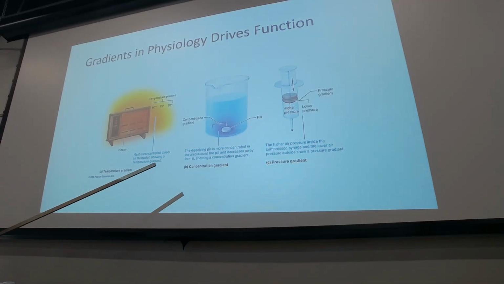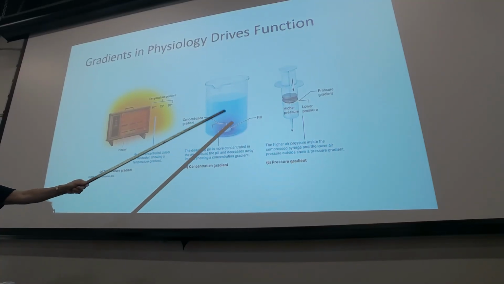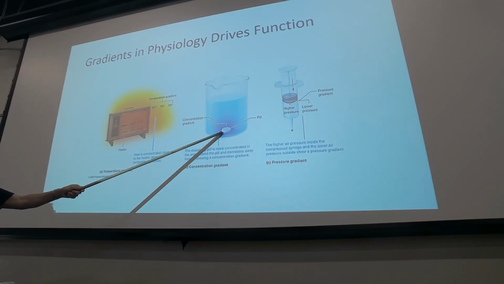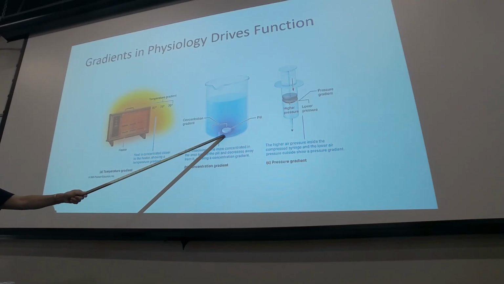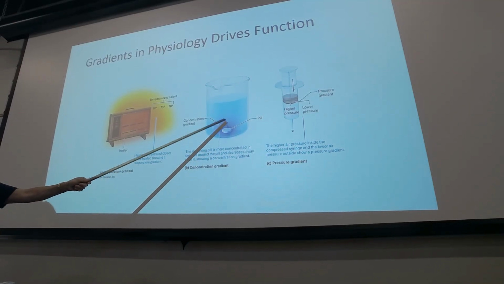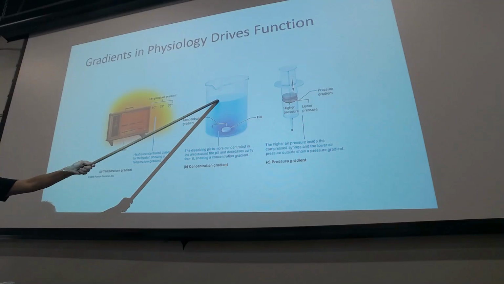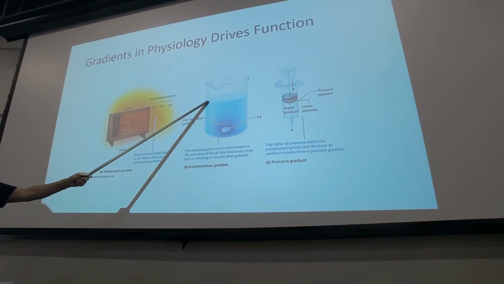Okay? In the case of molecules, like we have here a beaker with water, you put in a pill with a dye. The dye will start to diffuse from this area where you have more concentration to an area above where you have lower concentration until you reach an equilibrium.